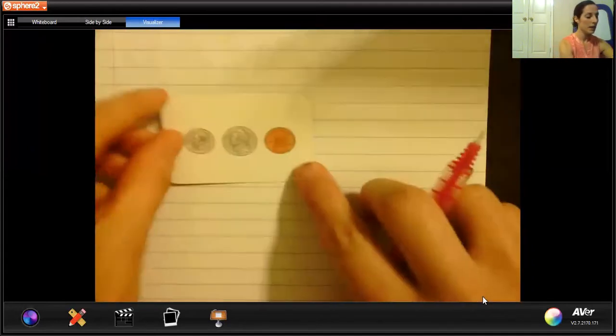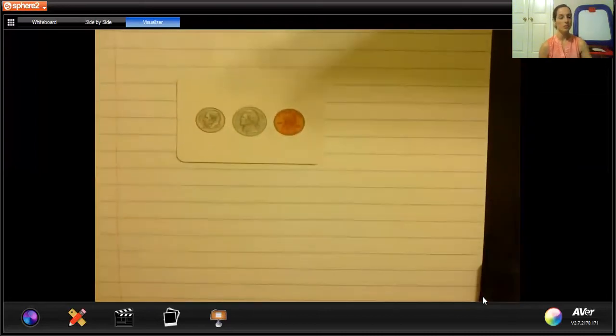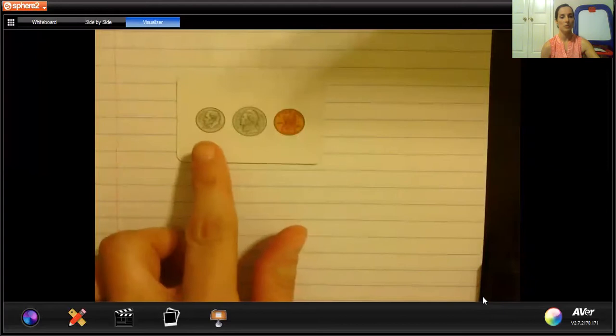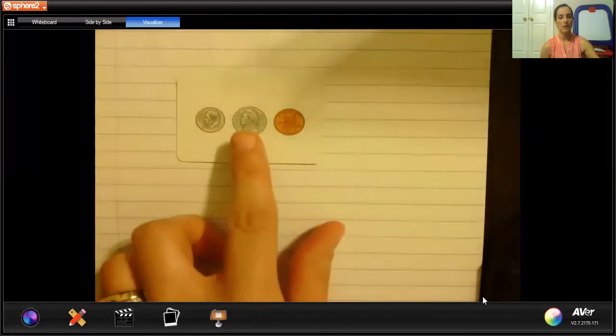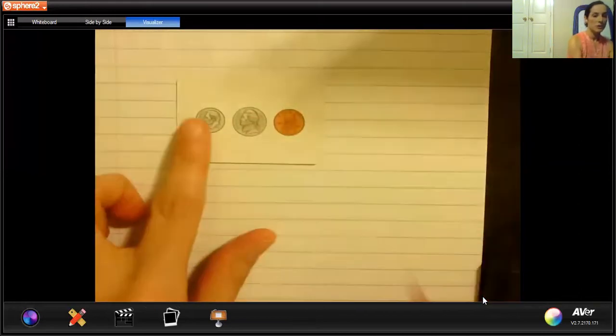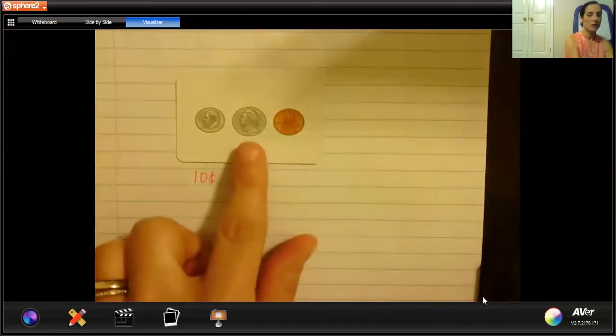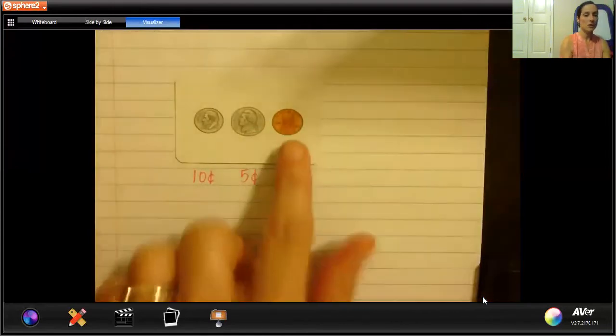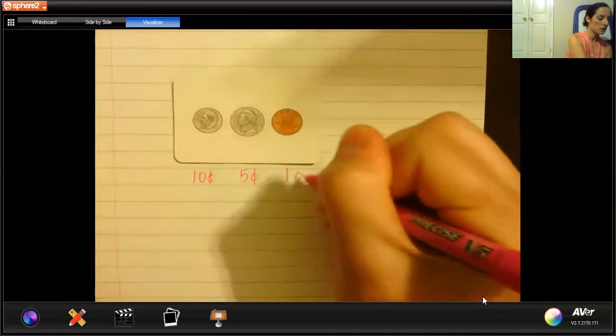Next, we have another group of coins, collection of coins. And as you can see, we have 3 of them. We have a dime, a nickel, and a penny. As you can see, they are grouped. Our nickel represents 5 cents, and our penny represents 1 cent.